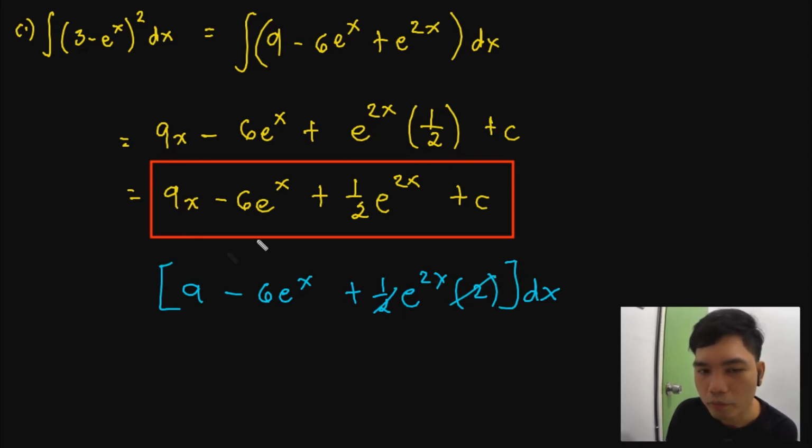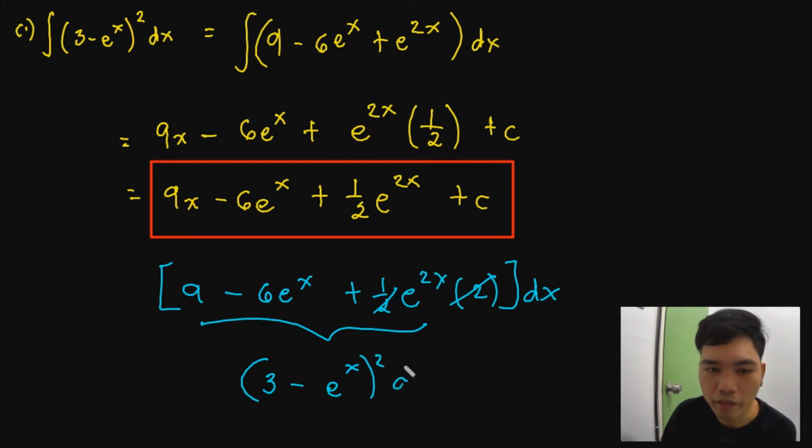So, from this expression, dun mo lang ma-gets na we can do, this trinomial can be formed in a perfect square binomial. So, that becomes something like 3 minus e to the x, and then you have to square that and then dx. So this is the expression for this, which is the exact integrand in this case.